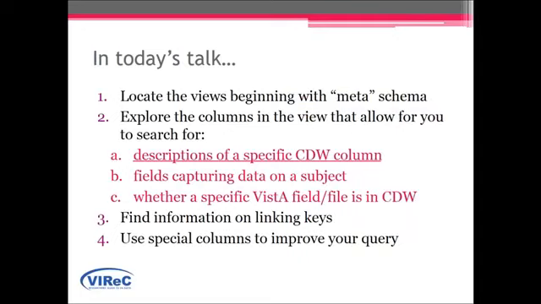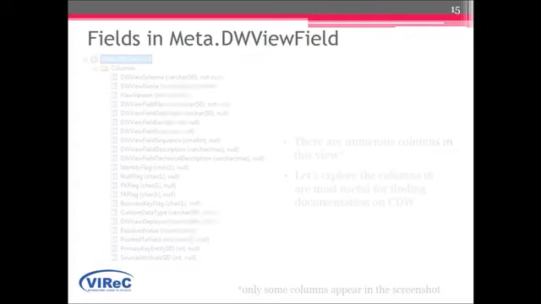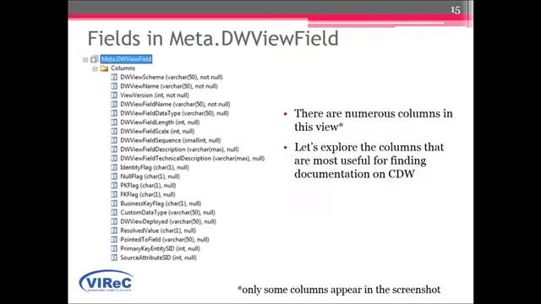So let's use these meta views first to look for a description of a specific CDW column that you may want to use in your research. So we're going to pick the meta view that is called meta.dwViewField.